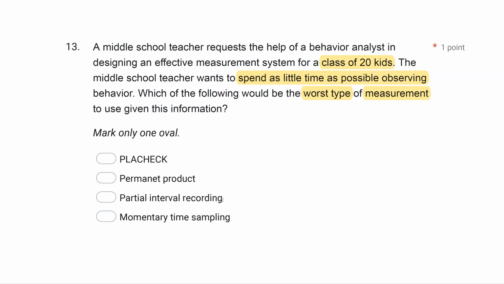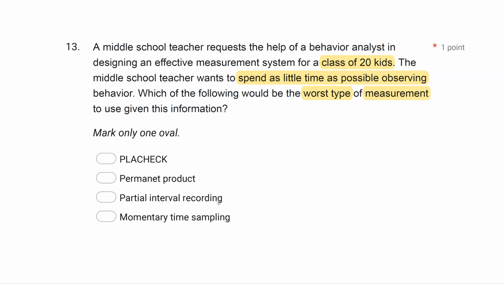C, partial interval recording. Well, partial interval recording, even though it's discontinuous, you still have to observe the learner the whole time. Because if your interval is 30 seconds and the behavior is not occurring during 30 seconds, you're still observing during the 30 seconds.